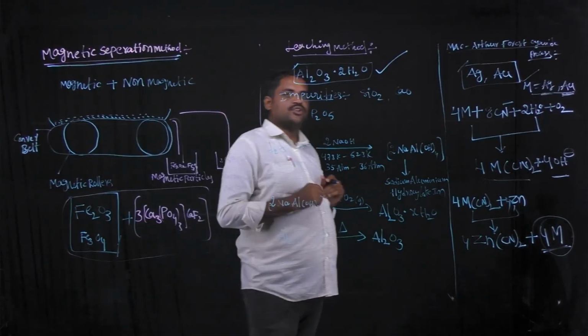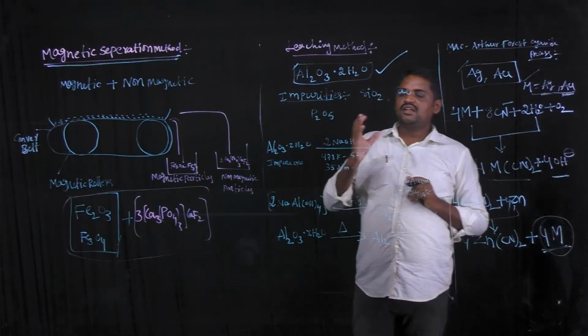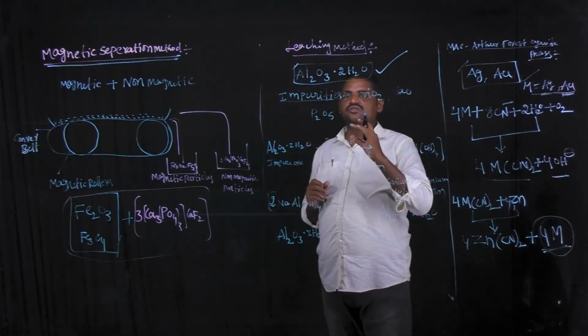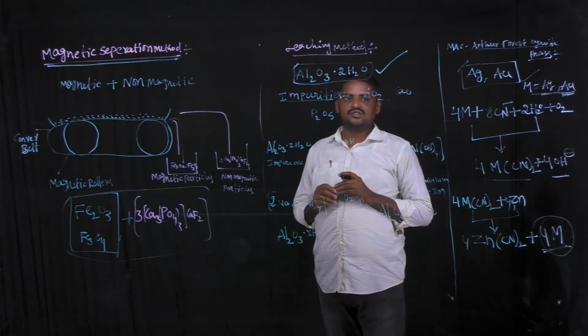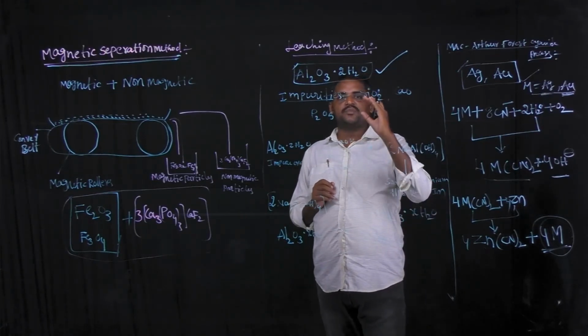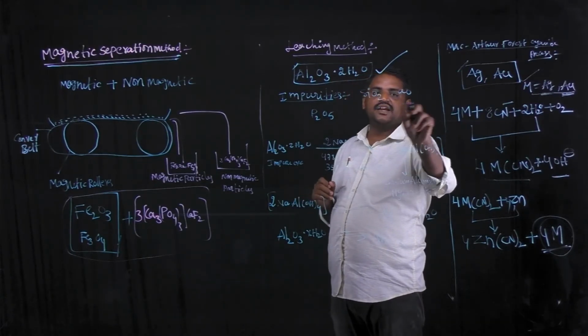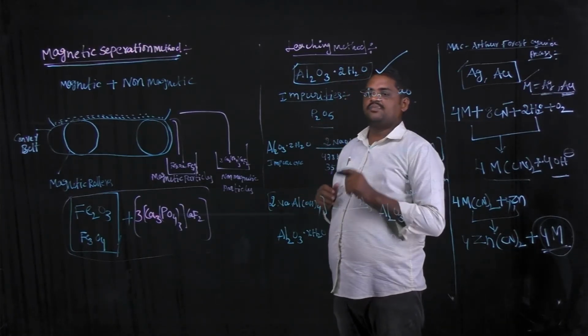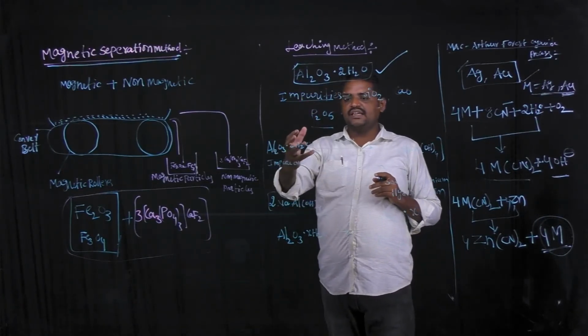Next I am going to discuss the leaching method. This method is used only to concentrate aluminum related ores. Aluminum ore like bauxite contains many impurities: silicon dioxide, calcium oxide and phosphorus pentoxide. The impure bauxite is taken.